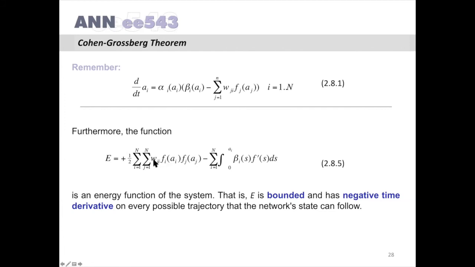This is the connection weight between these two neurons, minus summation i from 1 to n integral from 0 to a_i beta_i(s) f_i prime(s) ds, is an energy function of the system. That is, E is bounded and has negative time derivative on every possible trajectory that the network state can follow.